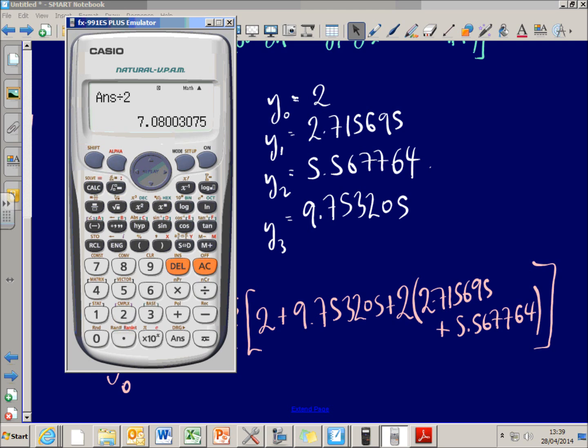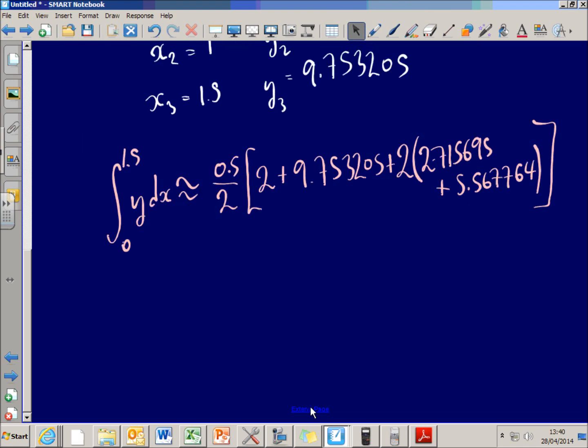And it says, can you put your answer to 3 significant figures? So what would that be? 3 significant figures there. 7.08. Okay?